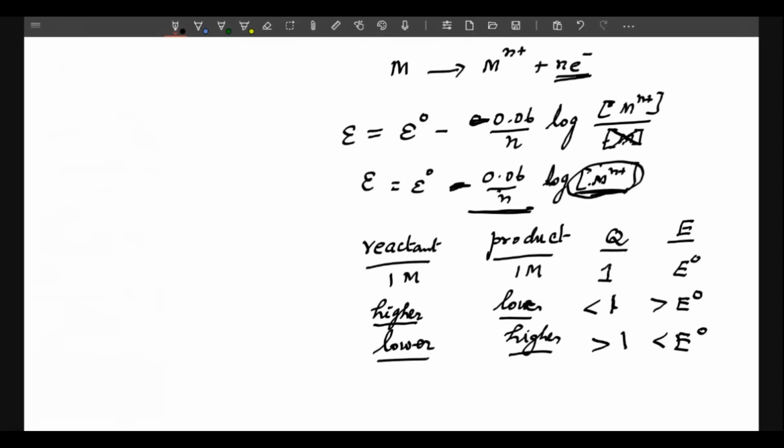Simply seeing the concentration, you can conclude whether the cell EMF under non-standard condition is equivalent or non-equivalent to the standard situation. That's why I am giving this.